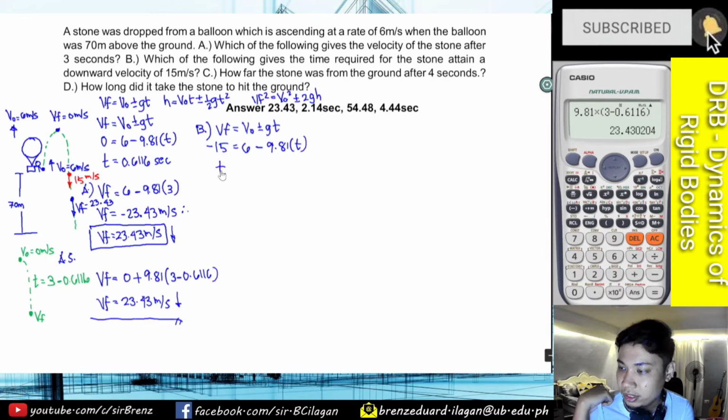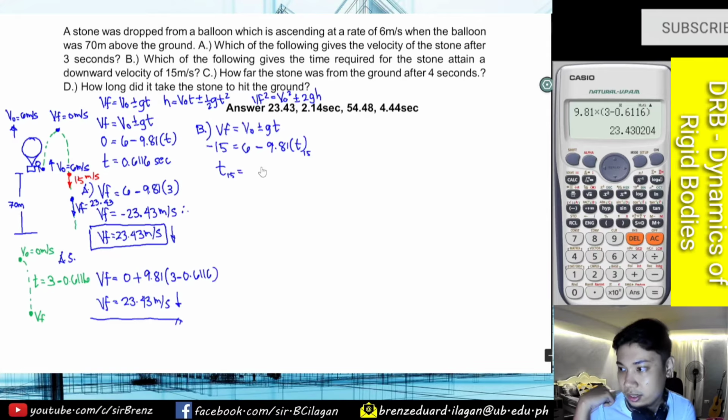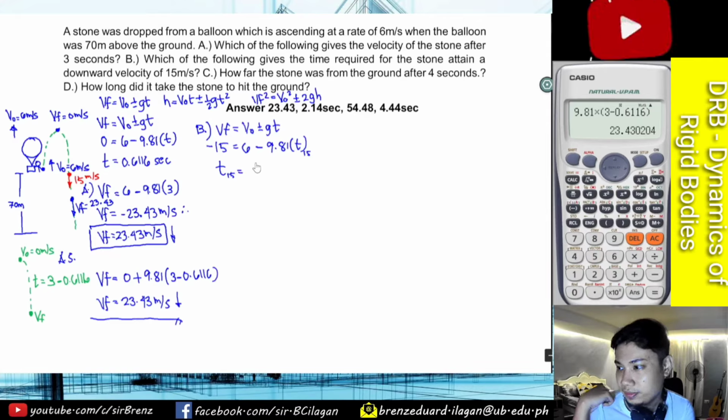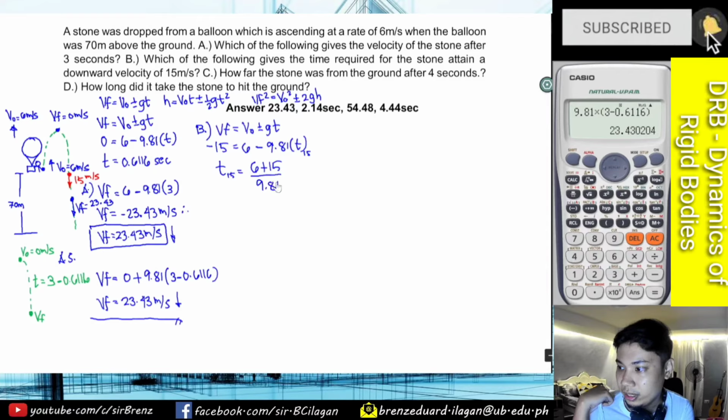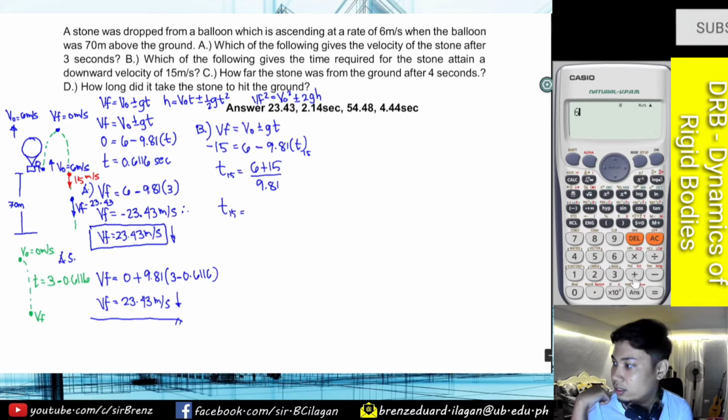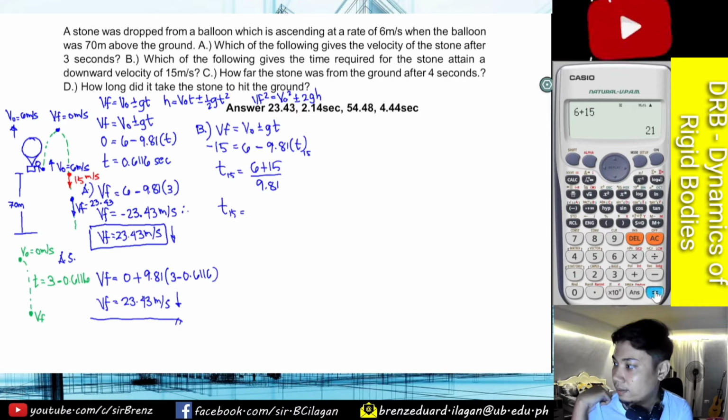So, to solve for t, to reach the 15 meters per second velocity, it will be equal to, transposing 6, 6 plus 15 divided by 9.81.